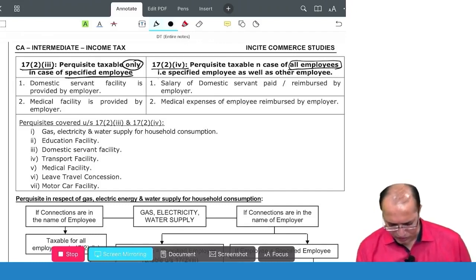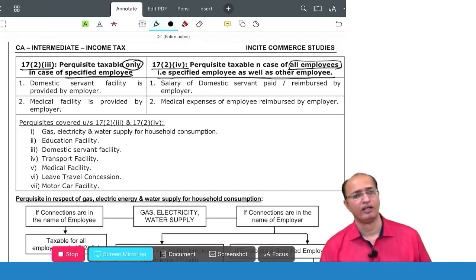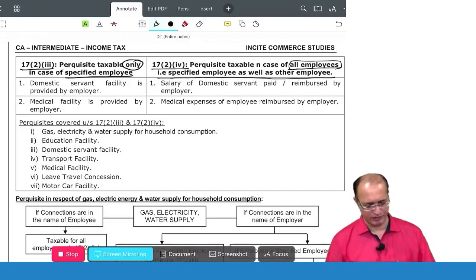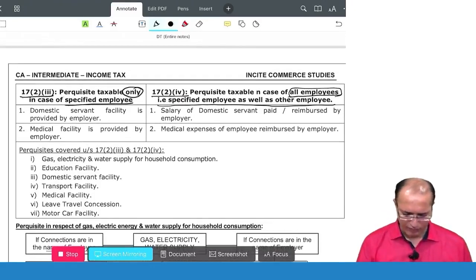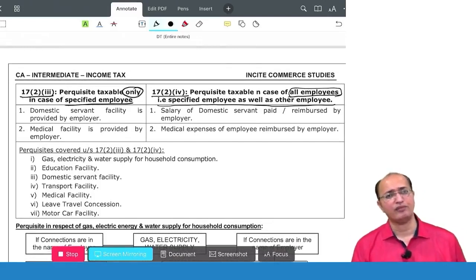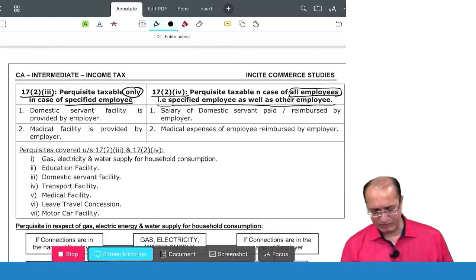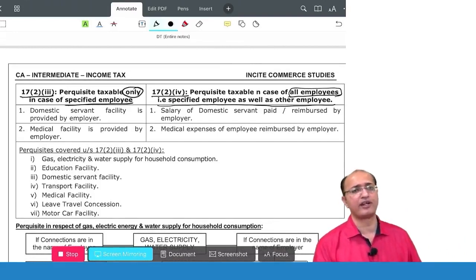All employees means specified employee as well as non-specified employee. And here 17(2) clause 3 is a non-monetary perquisite, whereas 17(2) clause 4 is a monetary perquisite.